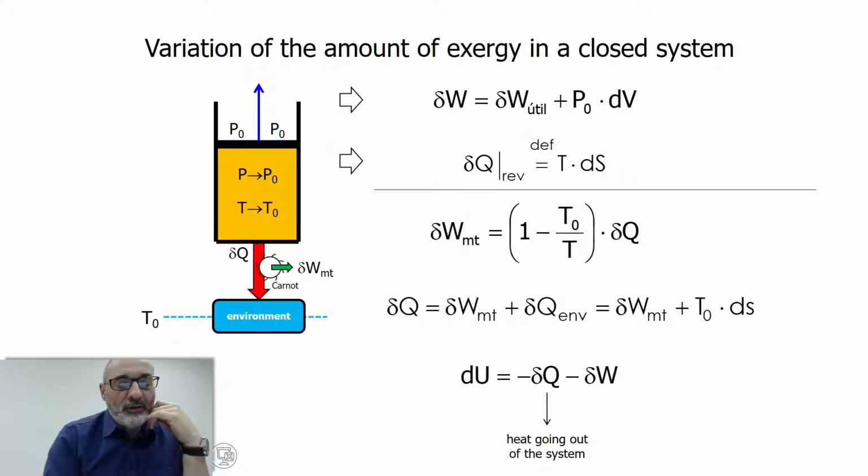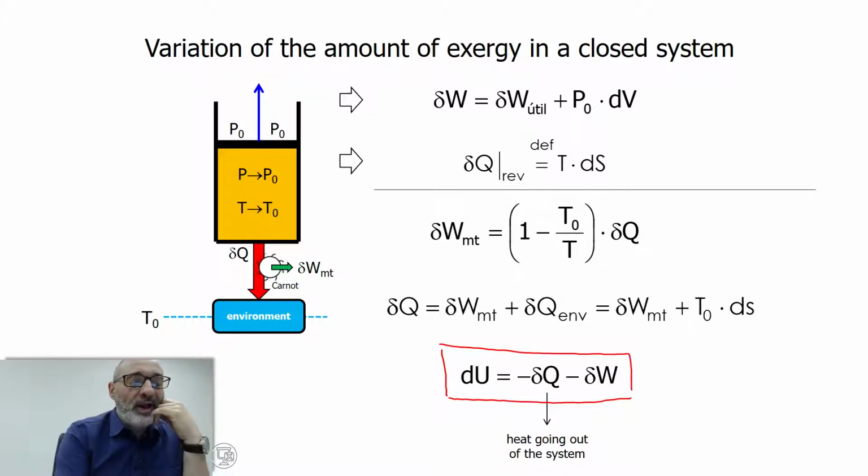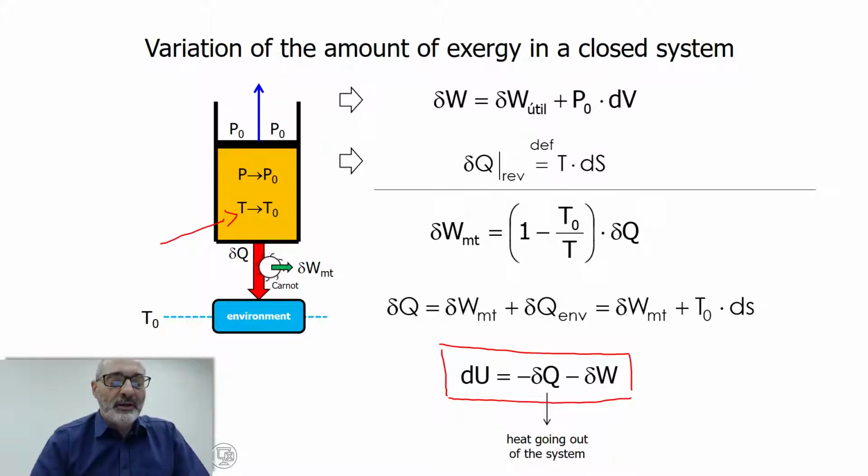Okay, so when I apply the first law to the system, this is the first law applied to the orange substance, we obtain that the variation of its internal energy equals the energy that is being removed from the system, which is some amount of energy in form of work and some amount of energy as heat.